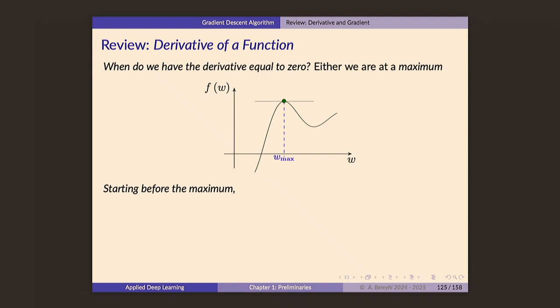Okay? Now, look at this and tell me this. Let me draw it here for you. You see where the function is maximized, correct? In the diagram, in the figure. So that is the point W max, right? So this is W max. Now, here is W. You have F(W) there, right?